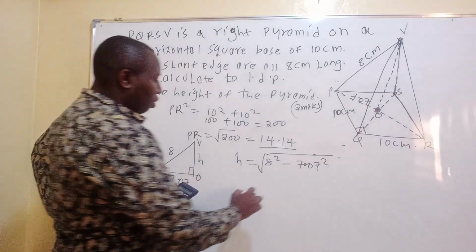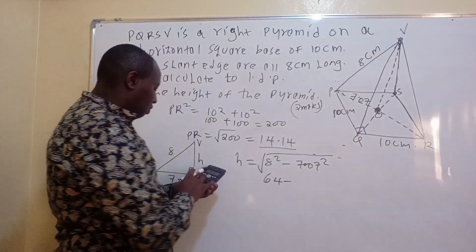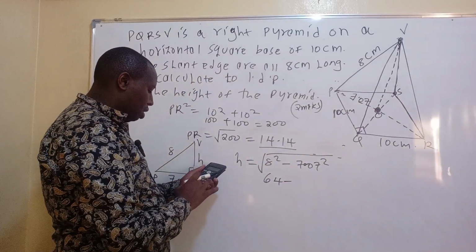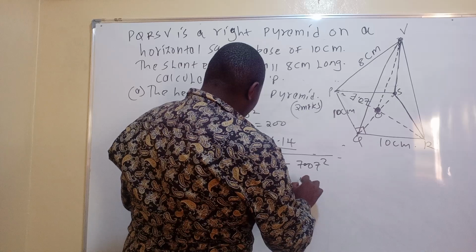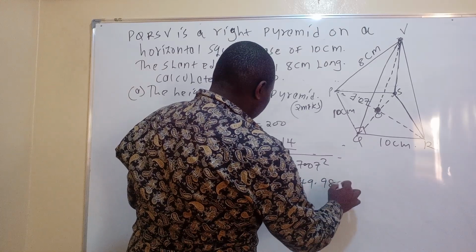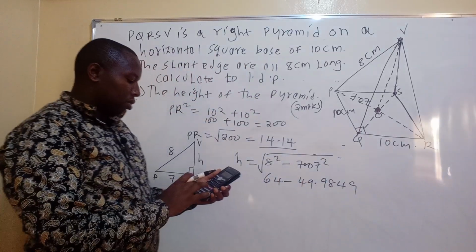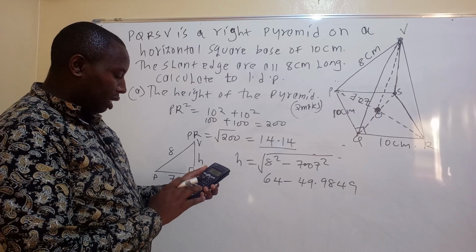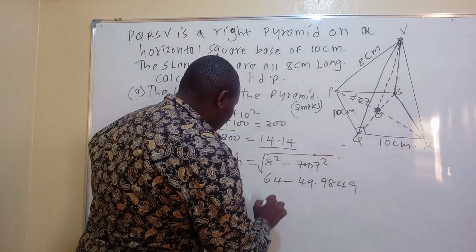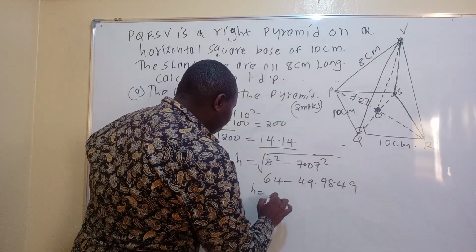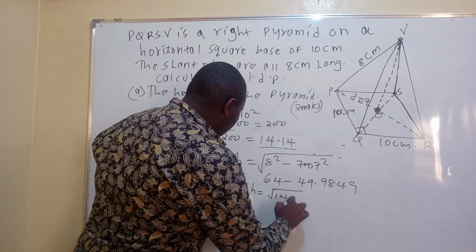So 8 squared is 64 minus 7.07 squared, which becomes 49.9849. So you get 64 minus that answer, and the height is the square root of 0.151.